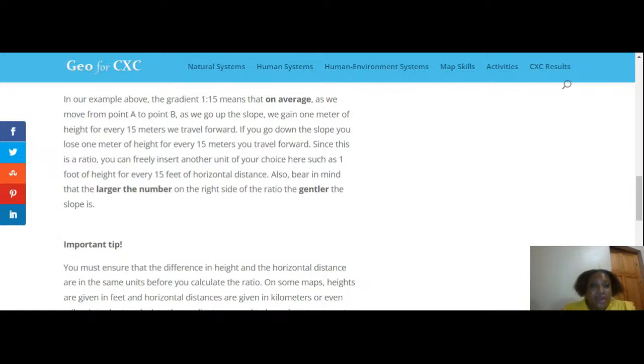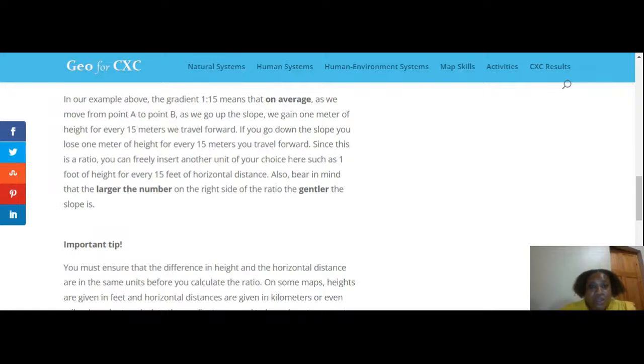You mark off the point that they give you for A on the map, and then the point that they give you for B. And then you measure that distance and you put it on the linear scale on the map to get the actual distance.